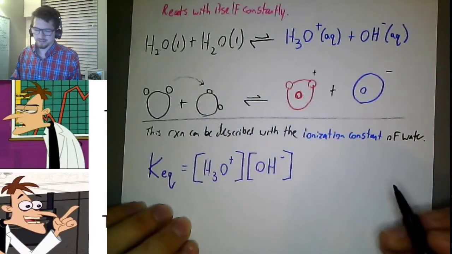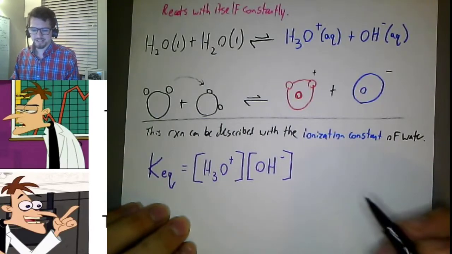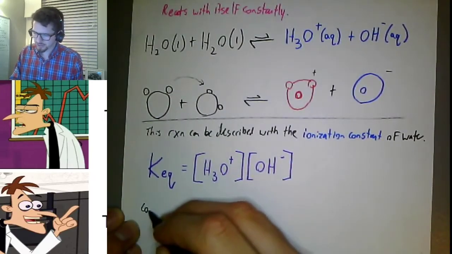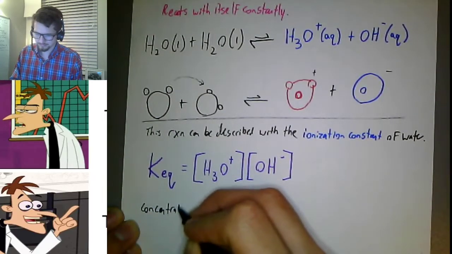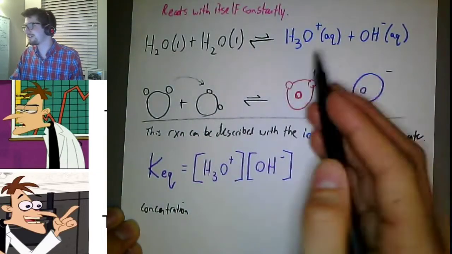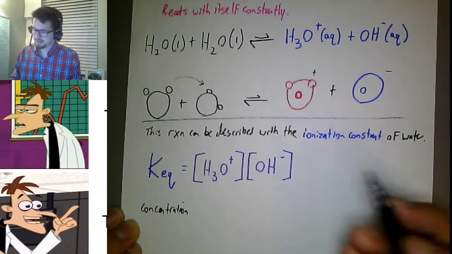So, our constant, right? What is our ionization constant of water? Well, something we need to know is the concentration in this reaction. There's a certain amount of water and a certain amount of hydroxide and a certain amount of hydronium.